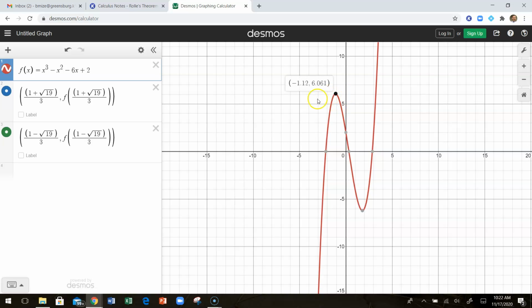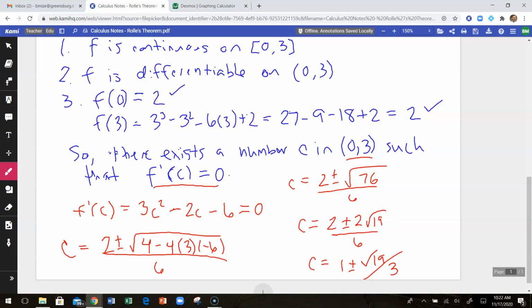So only one of those happened over the interval from 0 to 3, and that is the positive square root. So I go back here, and c is not going to be both of those because we're talking specifically over the interval from 0 to 3. Our c value is simply just going to be 1 plus the square root of 19 over 3.